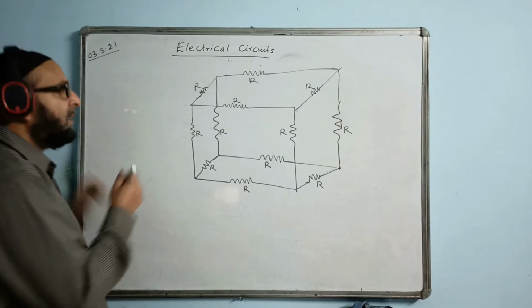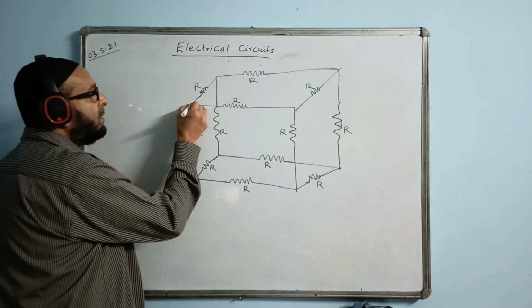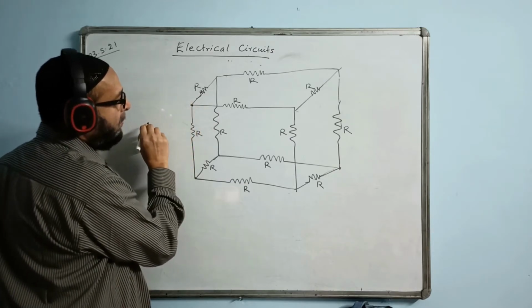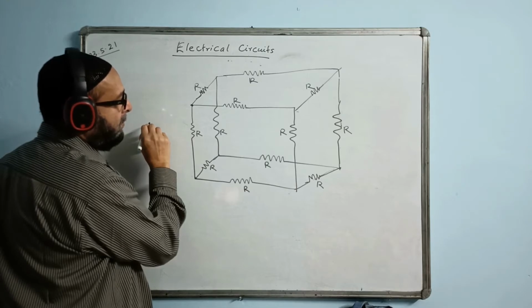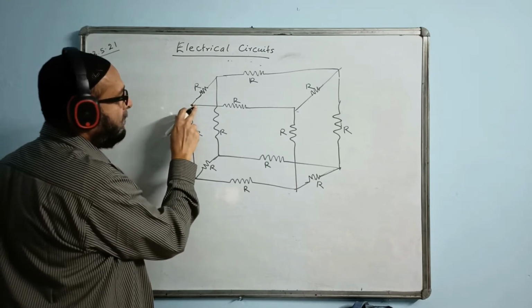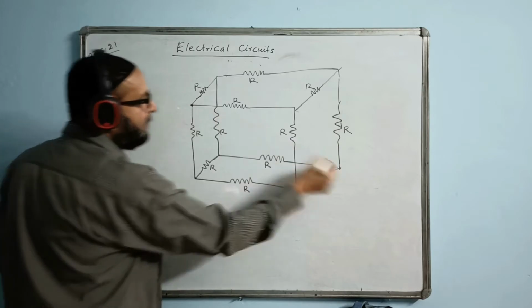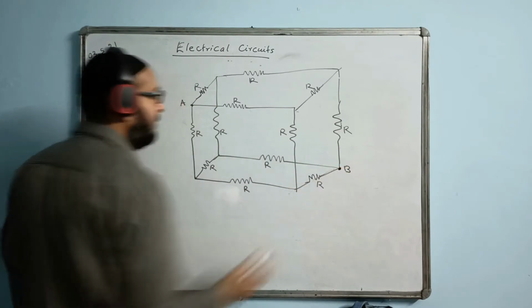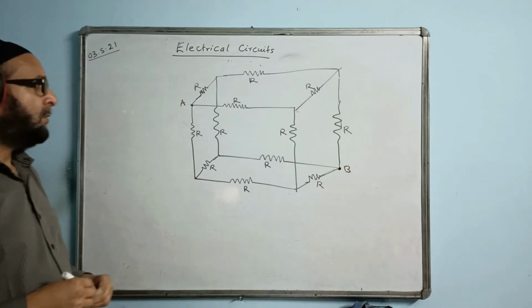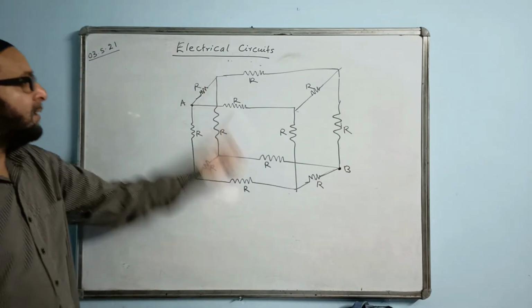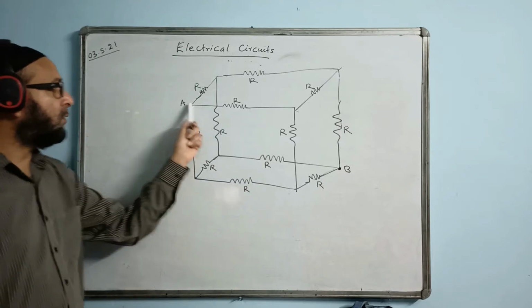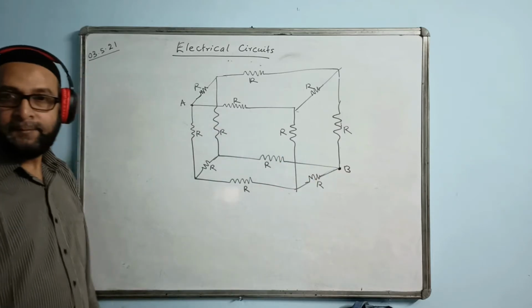Suppose I take any two opposite corners, maybe one corner here and one corner here. This is A and this is B. Or you can choose this corner and this corner, diagonally opposite.